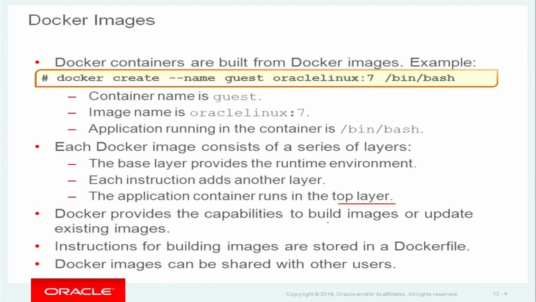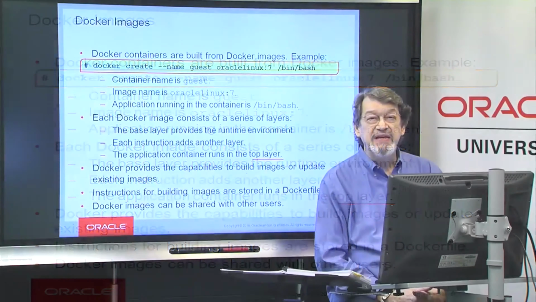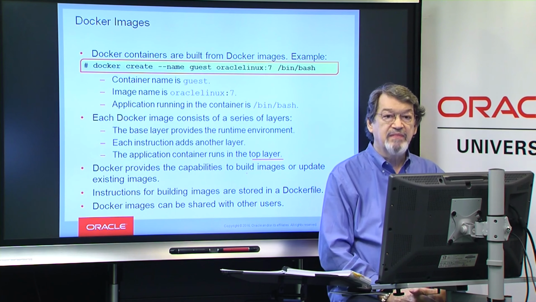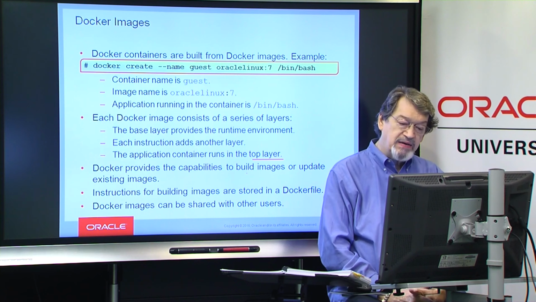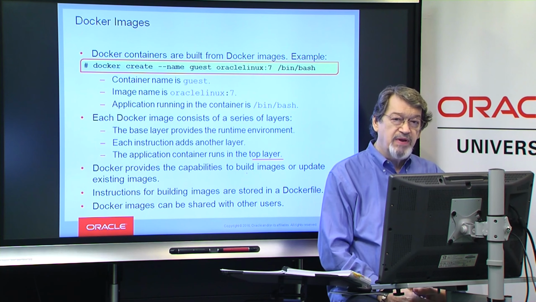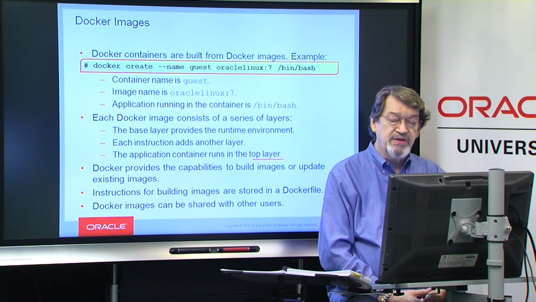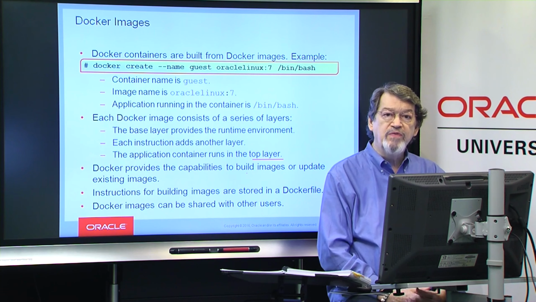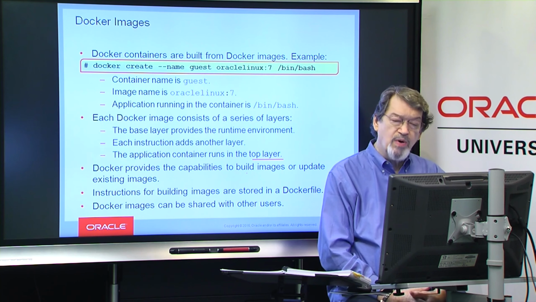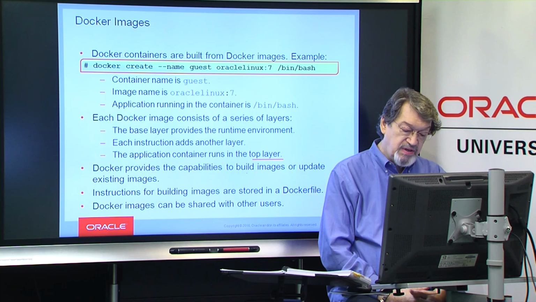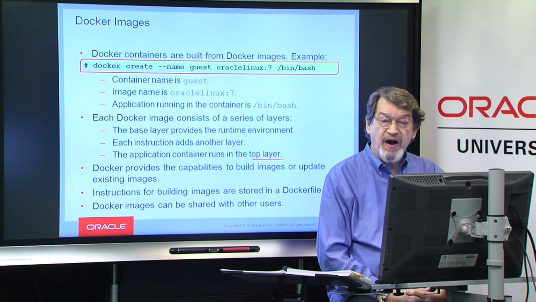Docker provides the capability to build Docker images or update existing images in your environment. Now, to go back to the Docker Hub, you're going to need some more credentials, and you're going to need approval by Docker. All right, but we'll talk about that in just a moment. The way to build an image is stored inside that Docker file.